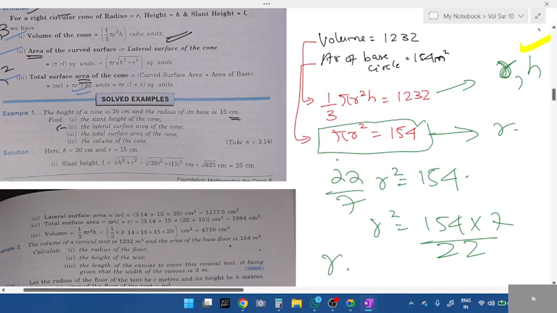Write area of the circle. Area of the tent. Area of the floor of the tent.